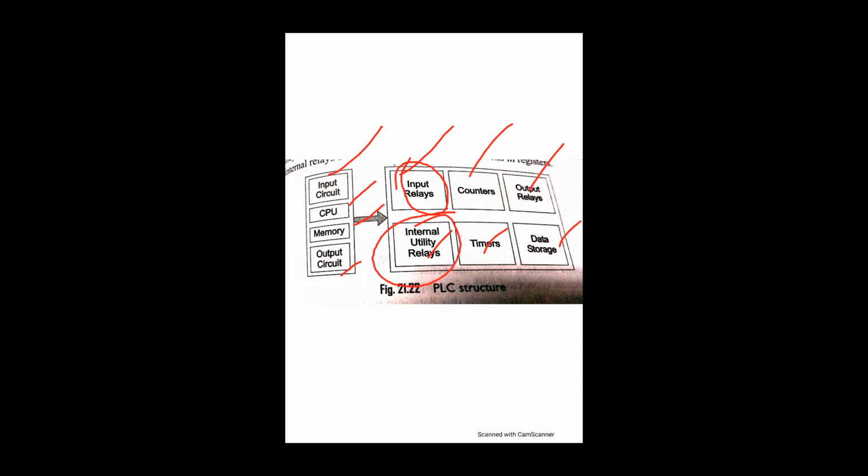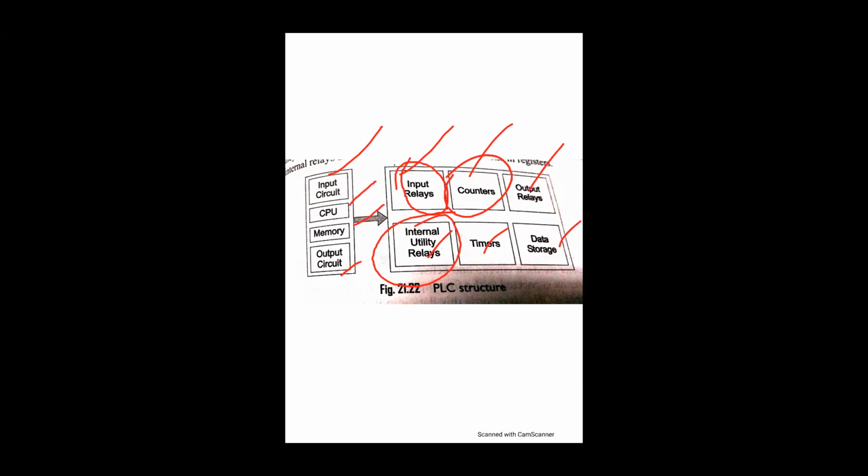They do not receive signals from the outside world, nor do they physically exist. We have to get the difference between the input relays and utility relays. They are simulated relays, and there are also some special relays. Again, they do not physically exist.